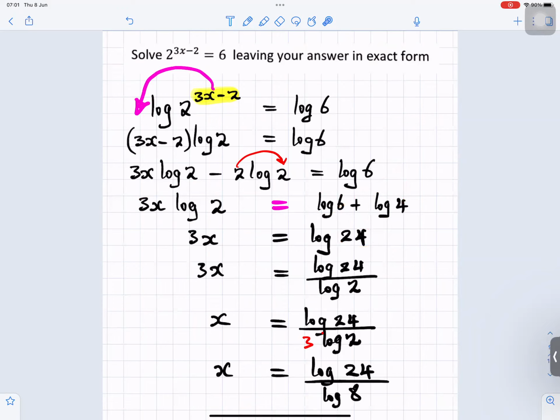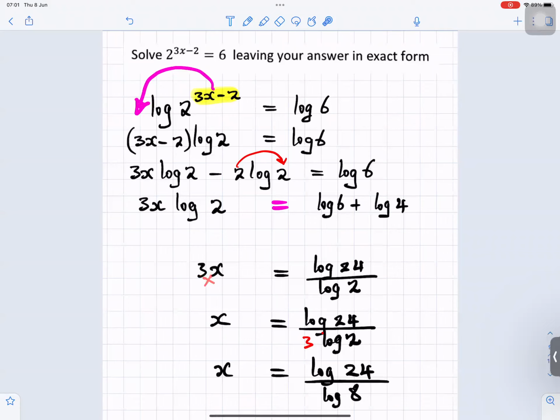Now, to get rid of the times log 2, the opposite of times goes to the other side and becomes divide. So 3x is equal to log 24 divided by log 2. We take log 2 to the right-hand side, it becomes divided by log 2. And now what we have left is times 3x.